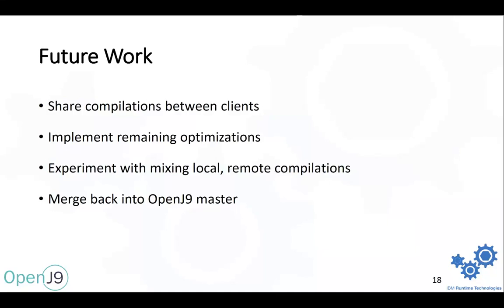And finally, we hope to be able to merge this code back into the OpenJ9 master branch, so that if you happen to find yourself with an OpenJ9 binary, you can actually try it. In the meantime, you can build it from source. It's fairly straightforward. If you've ever built OpenJ9, there's really not that much more to it.